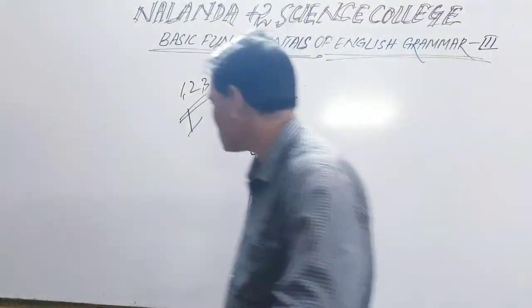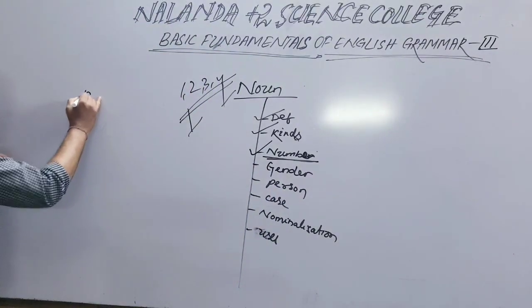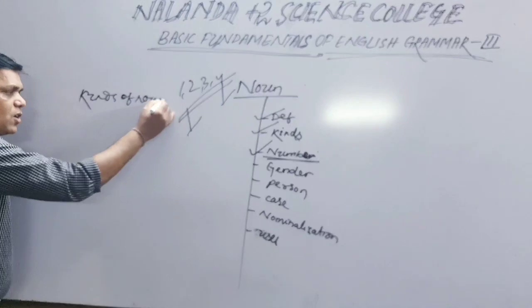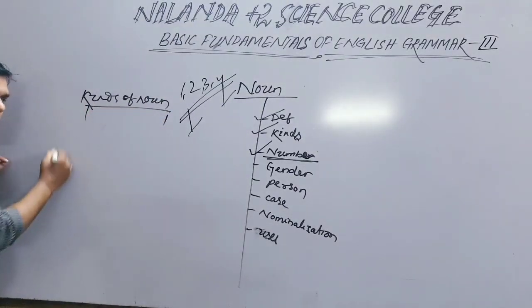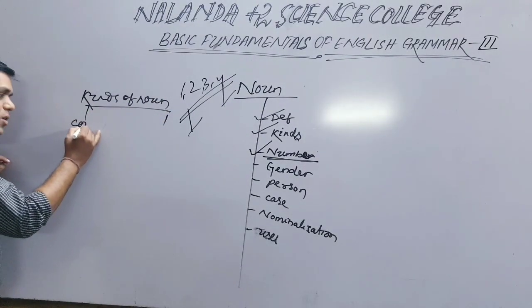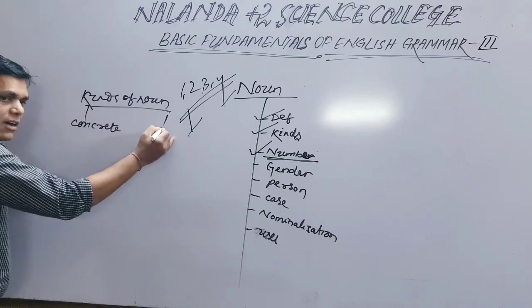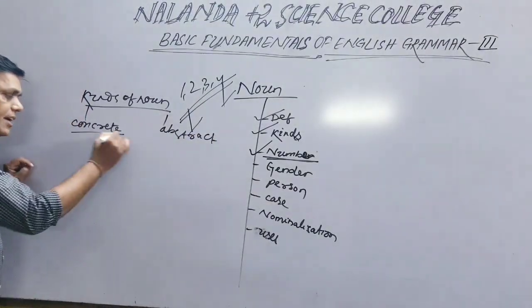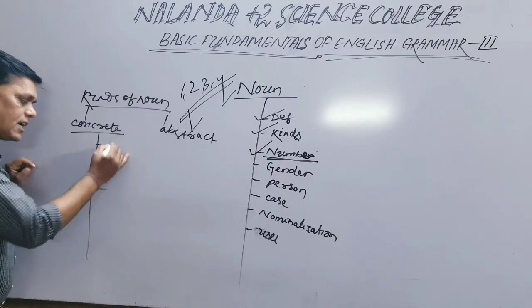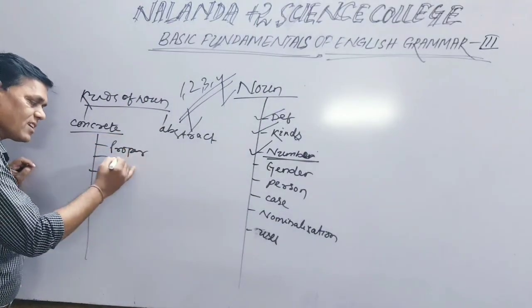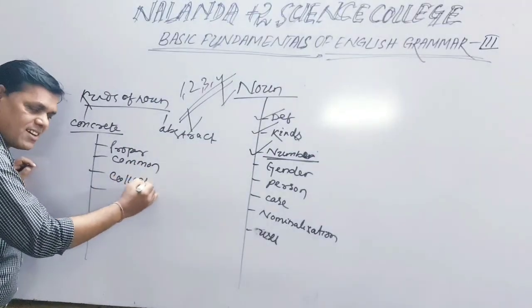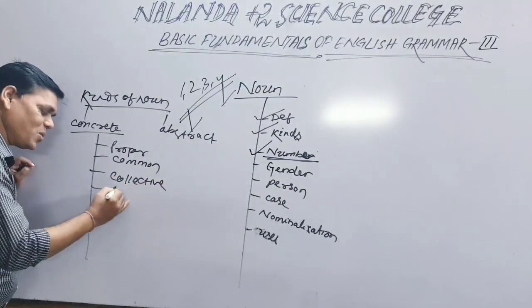In our last class we discussed the kinds. When we discussed kinds of noun, we came to know that there are two kinds of noun, concrete noun and abstract noun. Concrete nouns are of 4 subkinds: proper noun, common noun, collective noun, and material noun.